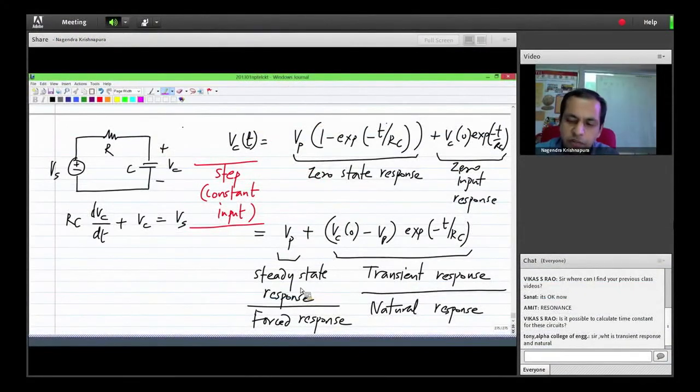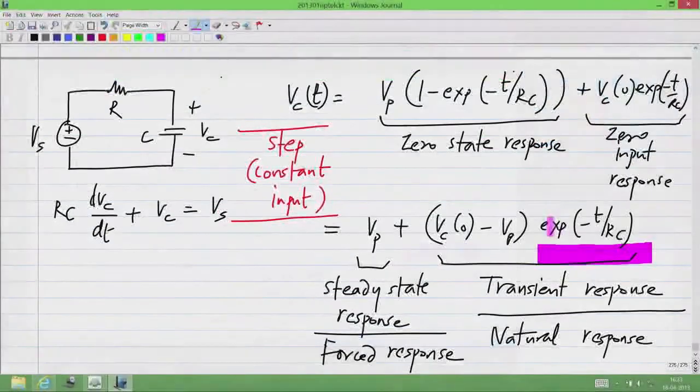Basically, for a first order case, whatever contains exponential of minus t by the time constant of the circuit is the natural response. This is okay?